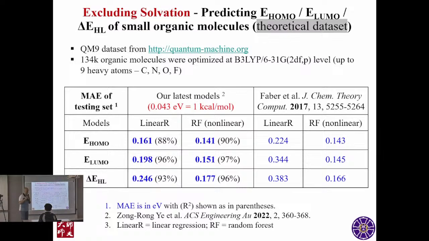Now the problem is that, as I mentioned earlier, when we construct the data, we just take the SMILES file of the molecule and feed it to the descriptor generator. When we do this, we ignore the solvent effect. Because in experiment, if you predict the experimental property directly, there is always an environmental effect. That could be the solvent, the temperature, the pressure, whatever.